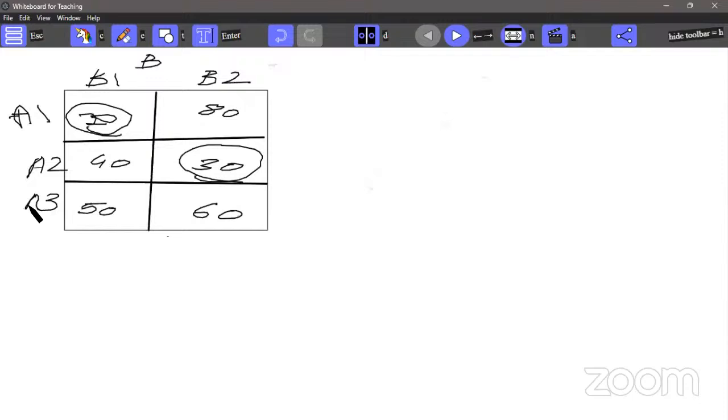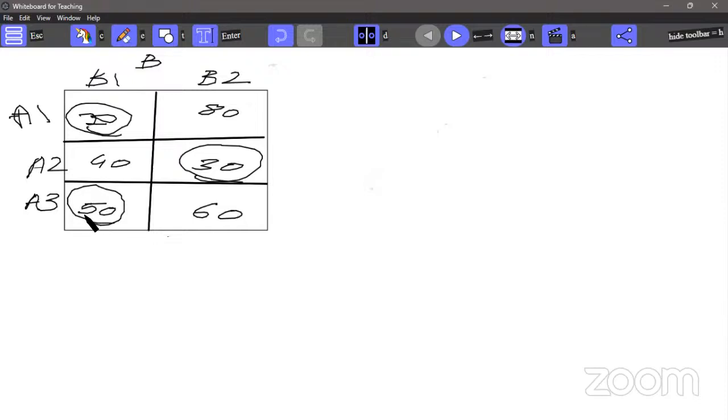If he is using the A3 strategy, what is the worst case? 50. Very good. Circle it. So when A is using the A1 strategy, the least profit he will get is 20. With A2, the least profit is 30. With A3, the least profit is 50.